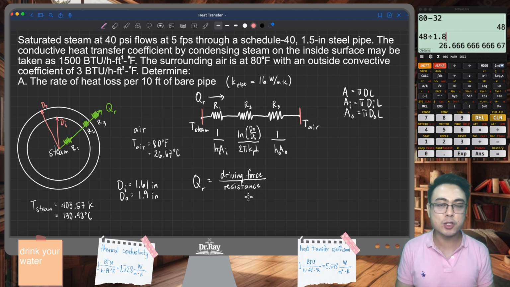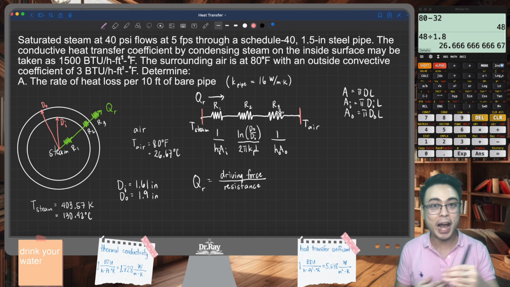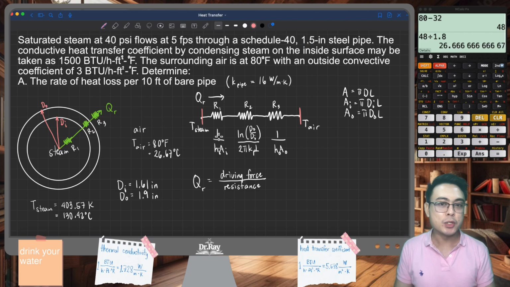Now, for the resistance term, since your resistances are in series, you can simply add them together. So if these are my two identified points, the total resistance is simply R1 plus R2 plus R3. That's the beauty of having resistances in series, because the resistances are additive.